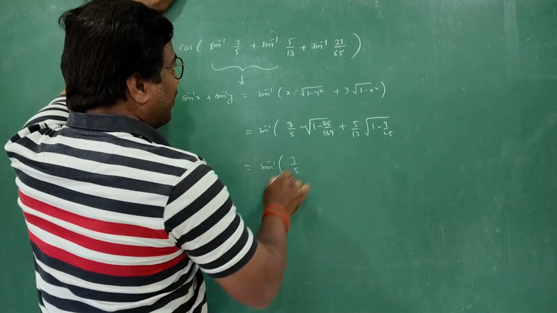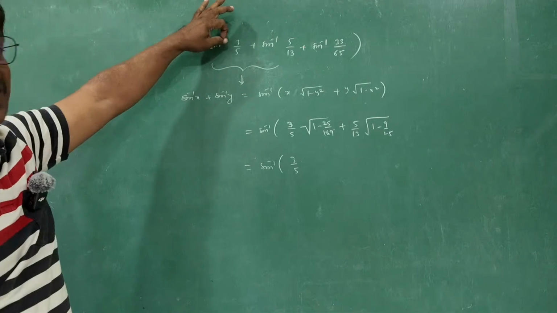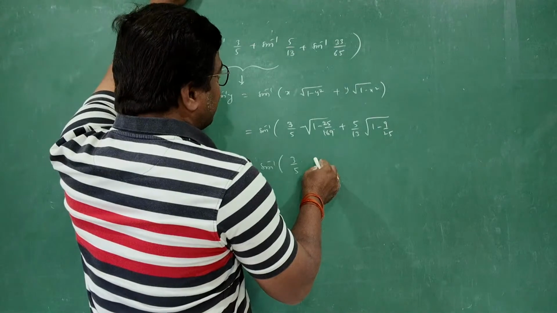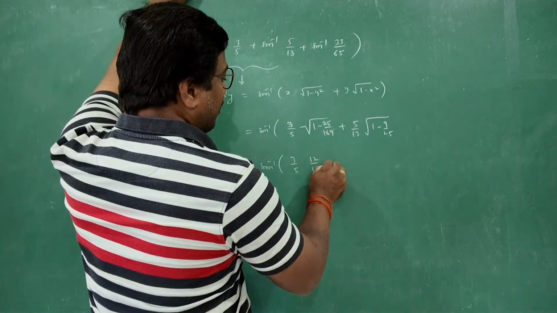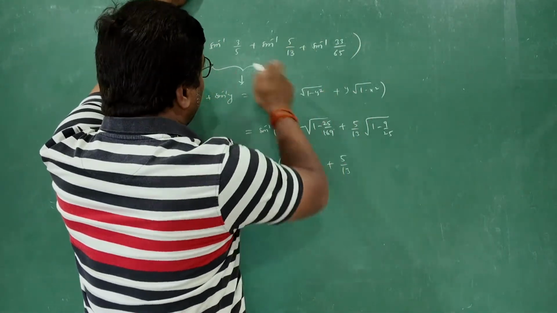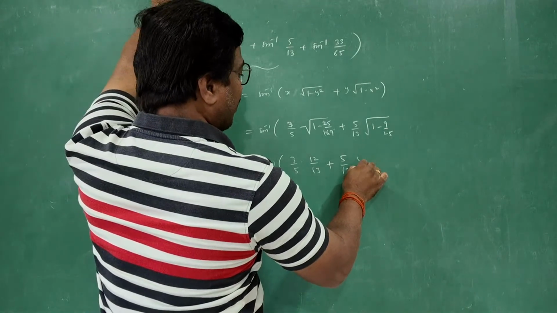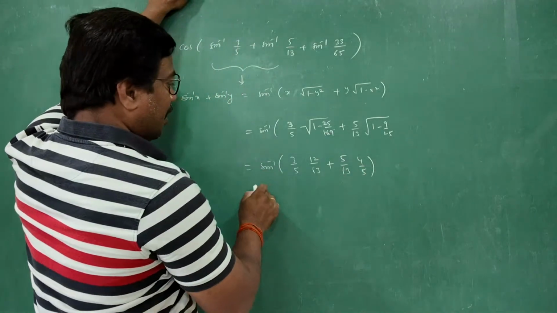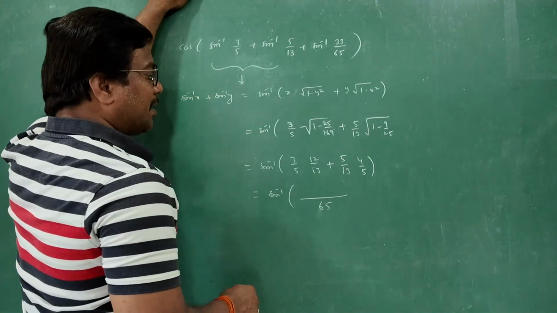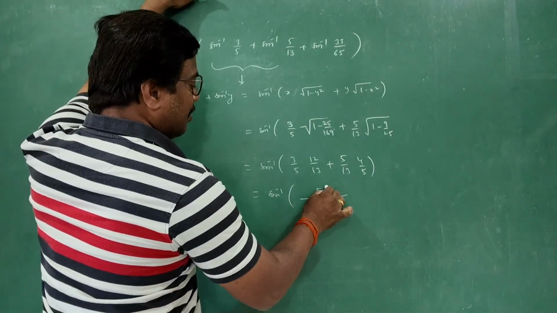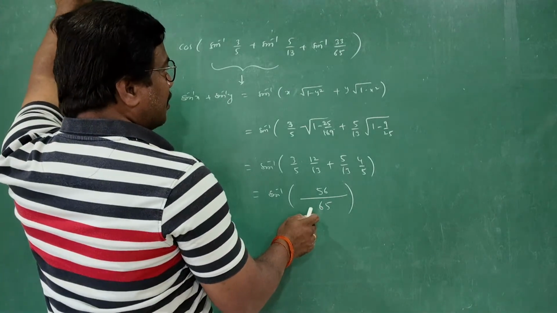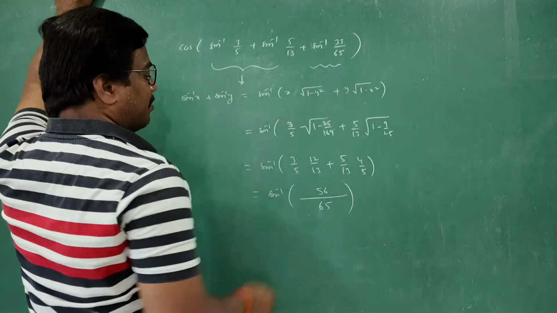Actually Pythagorean triples 3, 4, 5, and for 5 by 13 it gives 12 by 13, right? Next, it is 5 by 13. From this, we will get 4 by 5. Okay. Sine inverse of, denominator 65, numerator 36 plus 20, 56 it is.